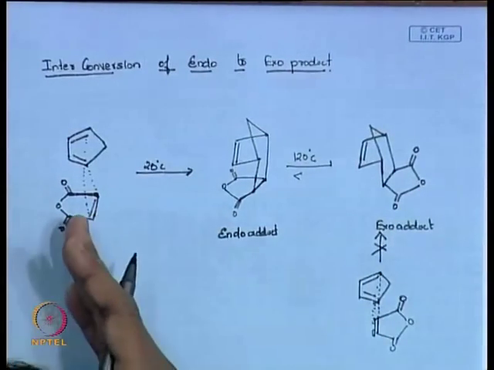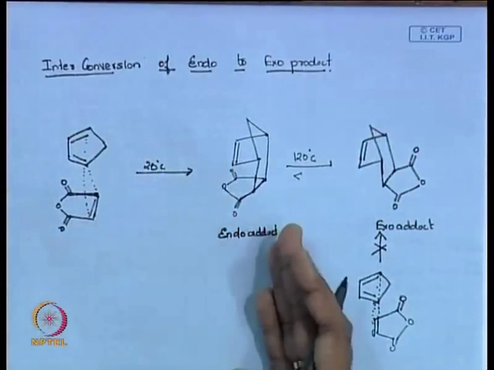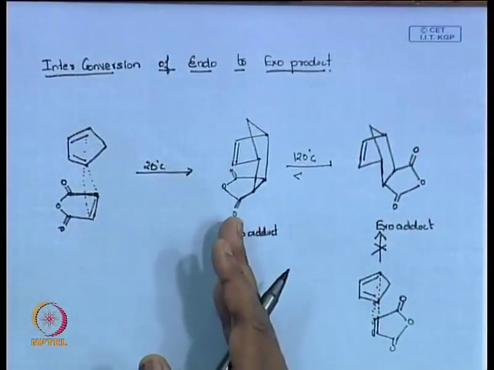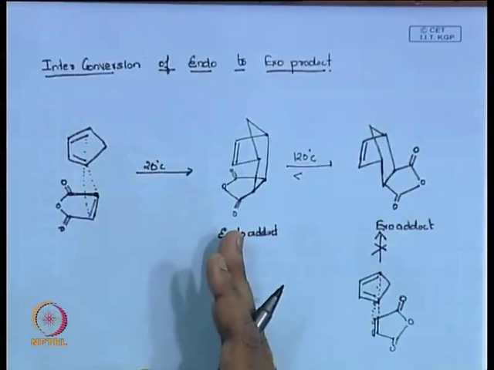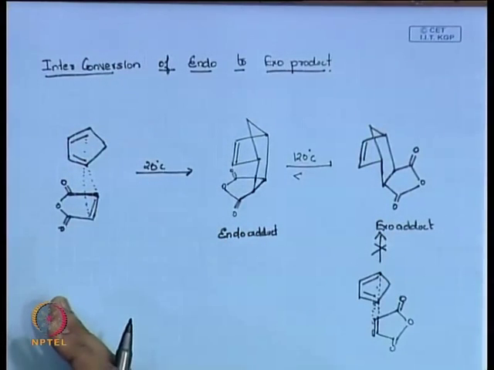If I do the reaction at 20 degrees Celsius, I end up with my endo adduct. But if I take my endo adduct and heat it, I end up with my exo product.